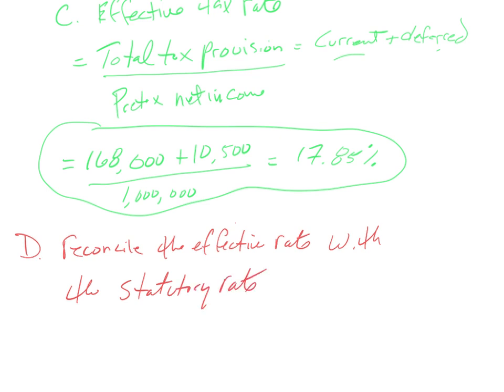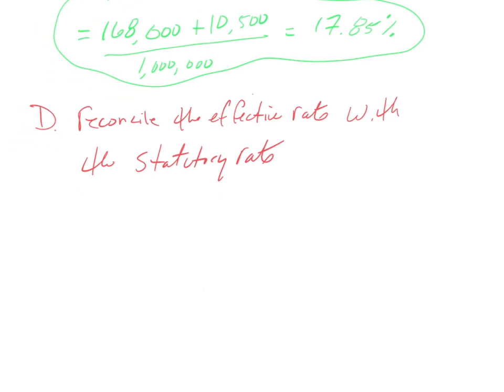So you're going to reconcile the effective rate with the statutory rate, which essentially all that means is you need to look at what is the difference between their temporary situation and their permanent situation. So we're going to look at income tax expense if it were at 21%. Our starting point is this hypothetical situation.